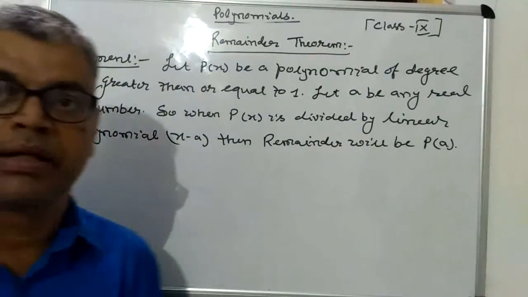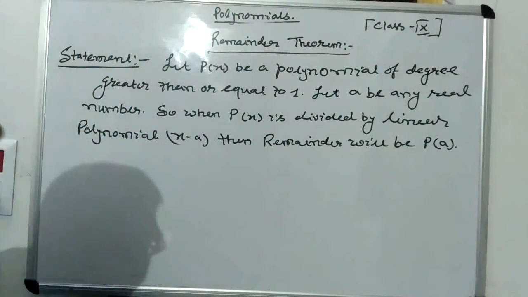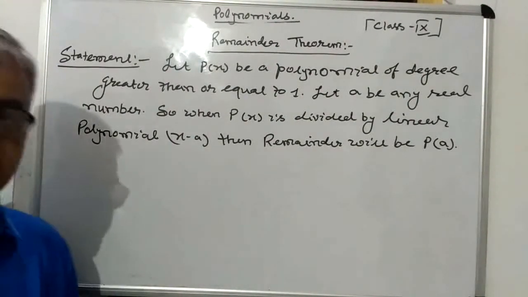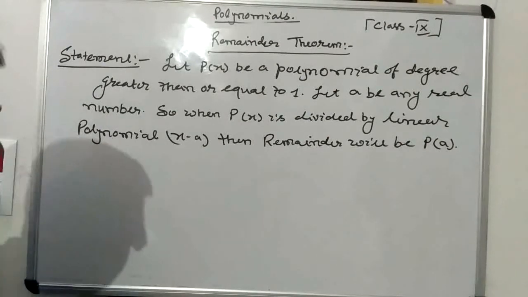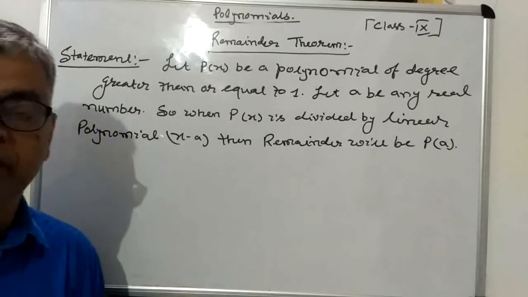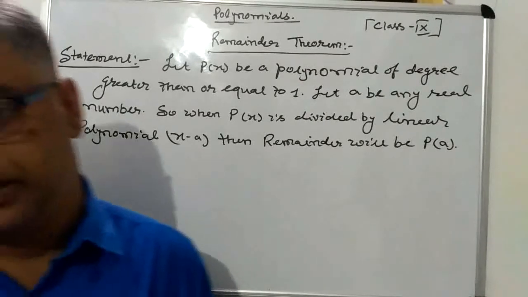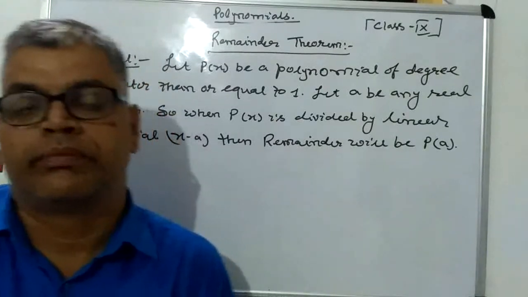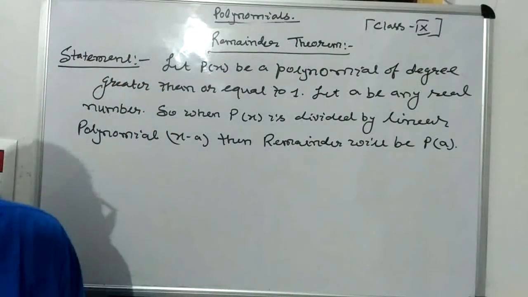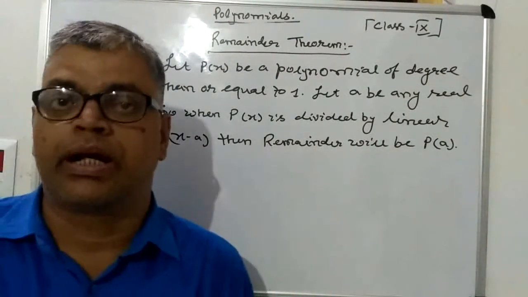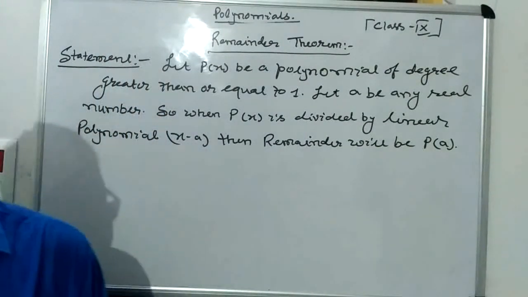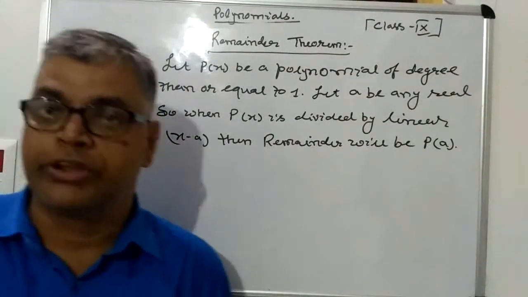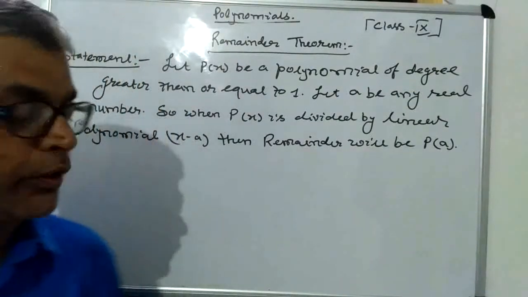Minus 2, minus 3, minus 4, minus 5, anyone. So when P(x) is divided by the linear polynomial x minus a, then the remainder will be P(a). The use of the remainder theorem is to obtain the remainder without performing actual division. This is the main purpose of the remainder theorem.